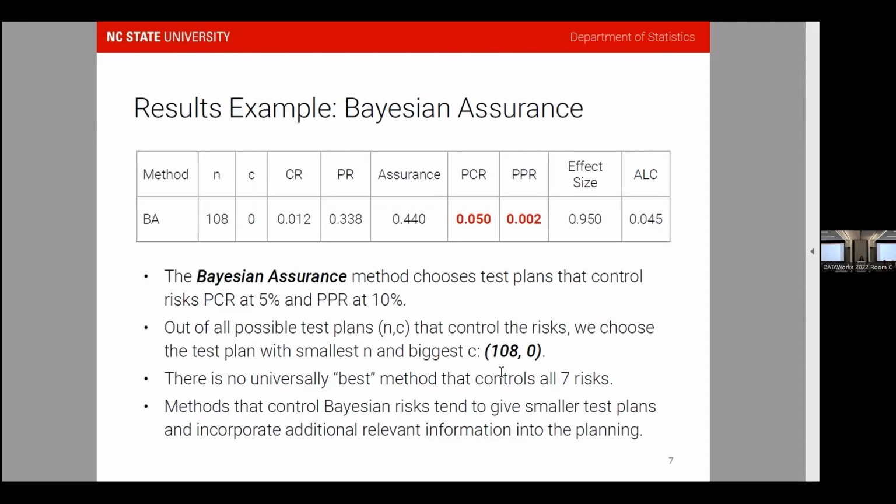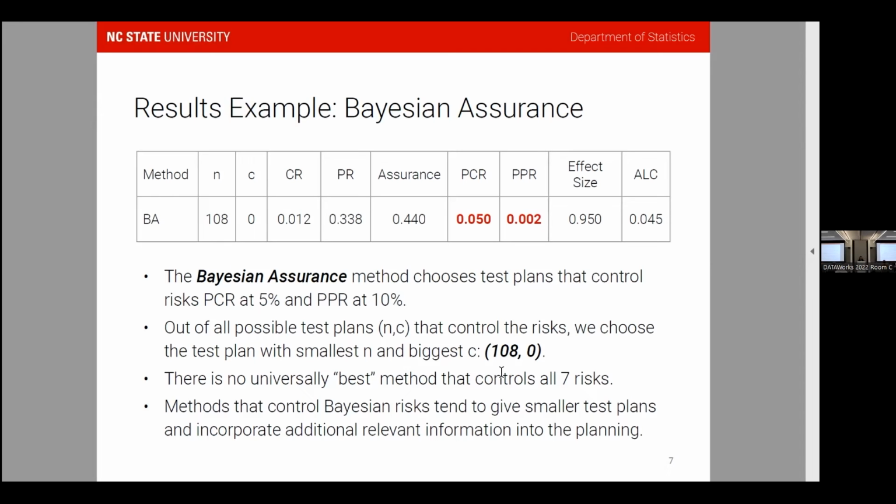And when you're comparing the different test plans, I would like to point out that there really is no universally best method that controls all the 7 risks. But what you can do is, after you've chosen the test plan, you can calculate the 7 different risk metrics and see if the risk metrics actually are reasonable, they make sense. So in the slide right there, if you look at the Bayesian assurance and you look at the risk metrics that correspond to the Bayesian risks, you look at assurance that gives us a 44%.